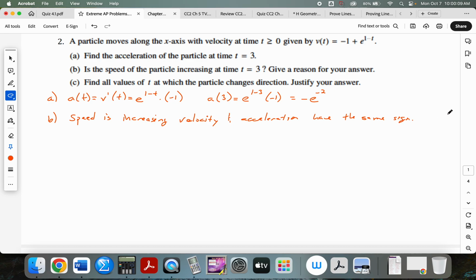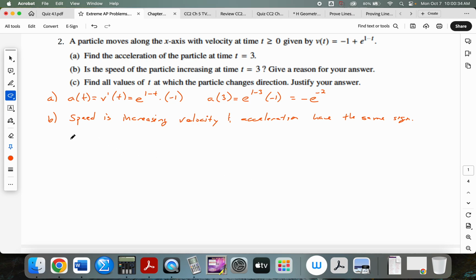If something has positive velocity and the acceleration is positive, it's speeding up. If the velocity is negative and the acceleration is also negative, those are working together, so it's also speeding up.